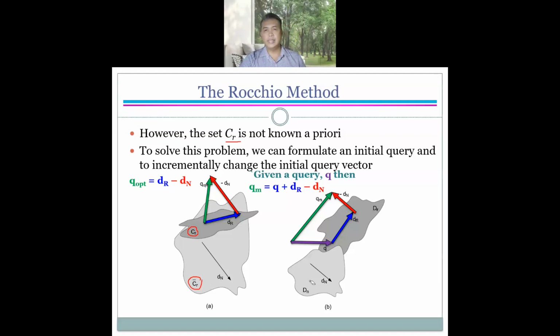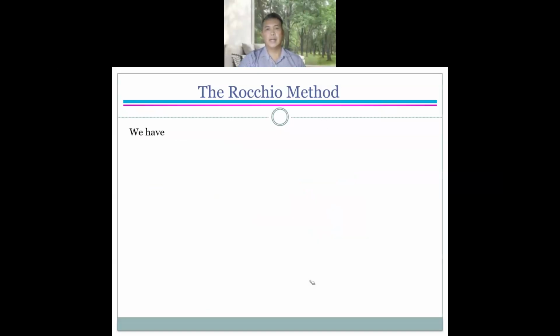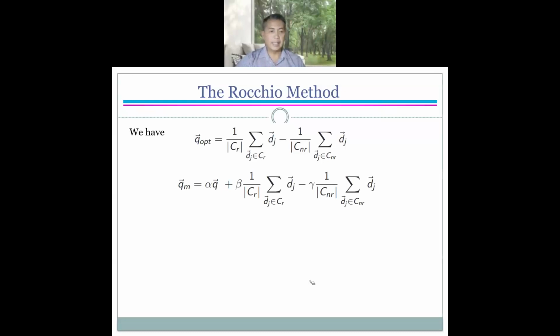If we want to go to the computation of this and how we apply it, we will look into this formula and it will be expanded to this. This is the first case, and this is the second case. This is the query that we have, this is your relevant document, and this is your irrelevant document. We have some weightage here: alpha, beta, and gamma.